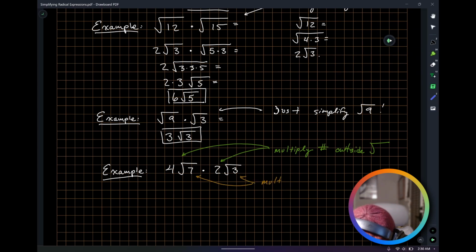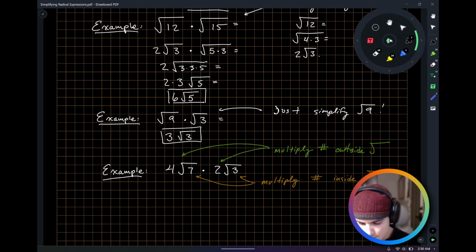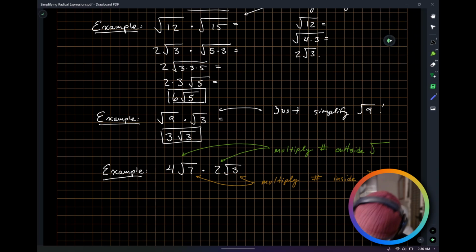This is kind of a general truth. So this product will be 2 times 4, 8, square root of 21, and square root of 21 cannot be simplified. Boom.